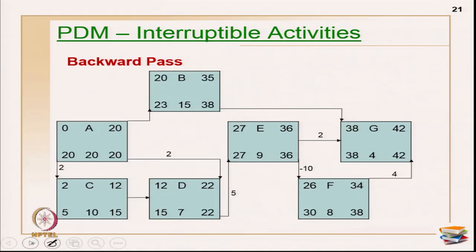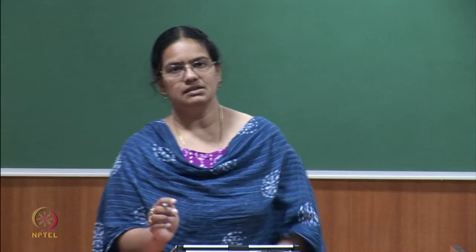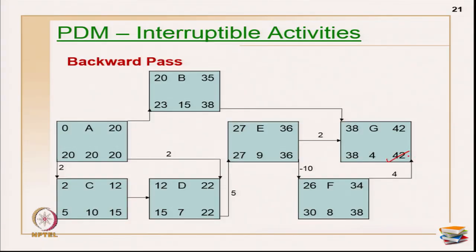Okay. Now, let us do the backward pass. In the backward pass, I am primarily calculating the late start and late finish of activities. So, this is 42, 42 minus 4 is 38 here, 38 minus 8 is 30 here, 42 minus 4 is 38, 38 minus 2 is 36, and 30 minus minus 10 is 40 now. Which is smaller? So, 36, I am going to keep this as 36, 36 minus 9 is 27, this is here, this is 38, 38 minus 15 is 23.